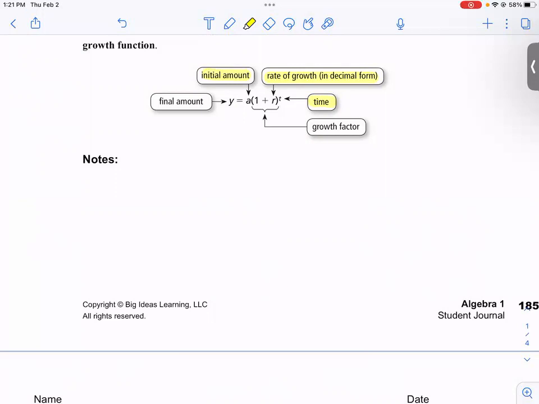Okay, so here's the example that we're gonna do. Are you ready? La Vista Middle School, we're gonna approximate 750 students.